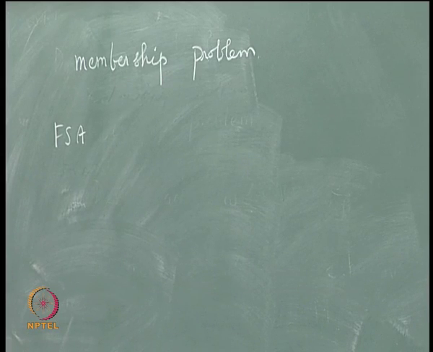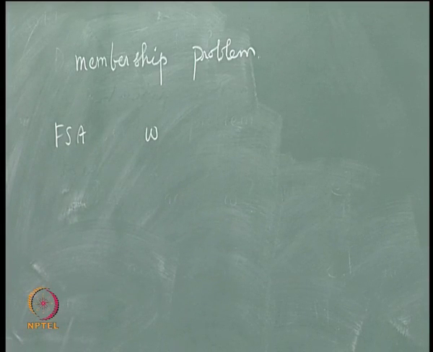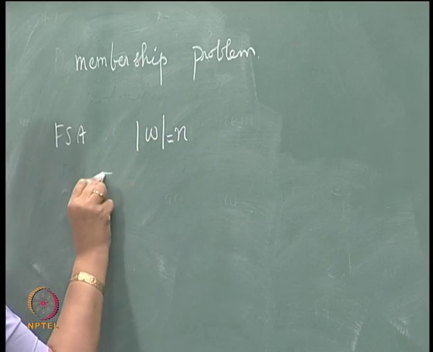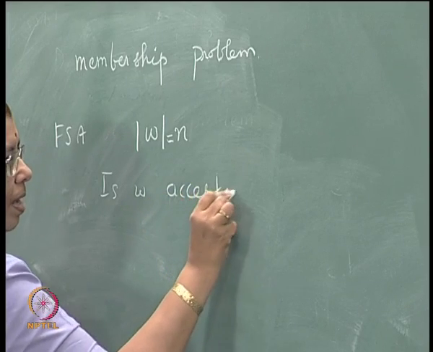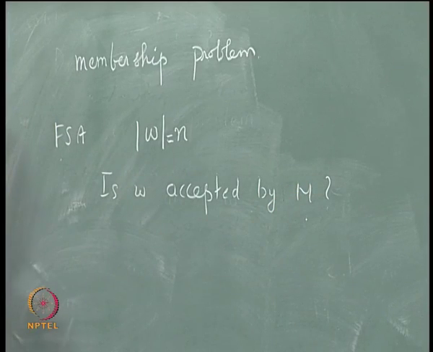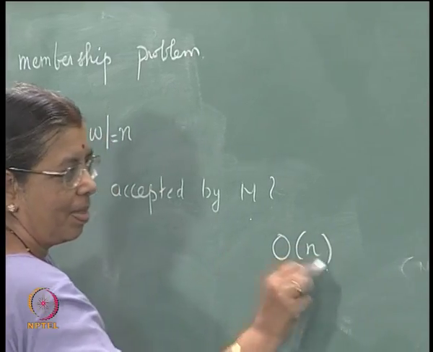How much time will it take, as a function of the length of the input? The length of W is equal to N. Is W accepted by M, where M is an FSA? How much time will it take? You have to just look into that. So, order N time.